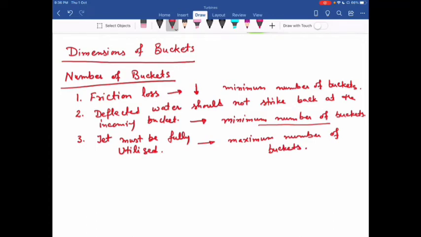So the two earlier factors say we should have a minimum number of buckets, and this factor says we should have a maximum number of buckets. So we must have some optimized number of buckets on the runner. That optimized number of buckets is given by one relation called Taygun's equation.